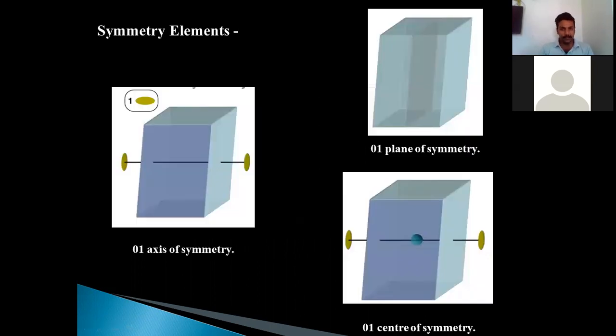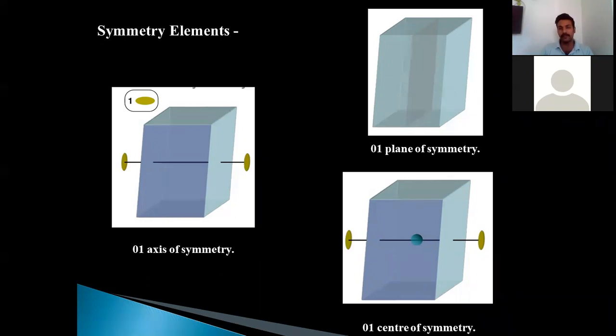Let us see the symmetry elements of the monoclinic system. Here there is one axis of symmetry and only one plane of symmetry, and of course we have one center of symmetry. The symmetry has decreased very considerably. As we know, in the isometric system there were 9, 13, and 1. In tetragonal there were 5, 5, and 1.